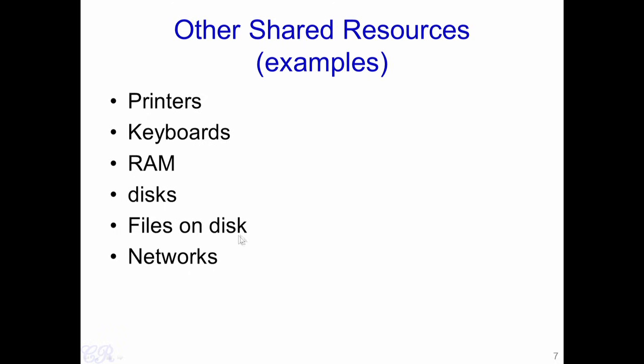For instance, the printers which are connected to the system, the keyboards, RAM, disks, the files on the disks as well as networks. All these are resources in the system and the operating system should manage these resources and ensure that all applications have a fair usage of these various resources.